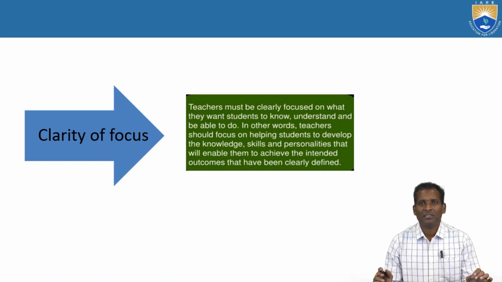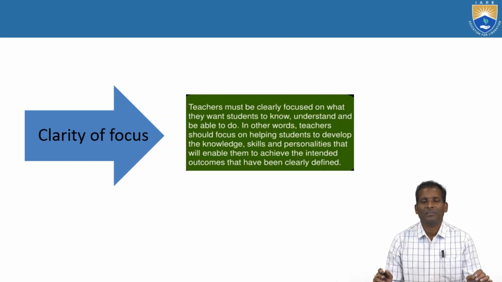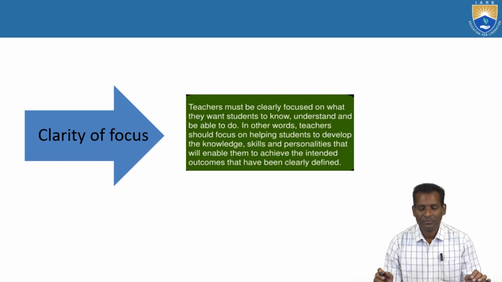In other words, teachers should focus on helping students to develop the knowledge, skills, and personalities, so that will enable them to achieve the intended outcomes that have been clearly defined.